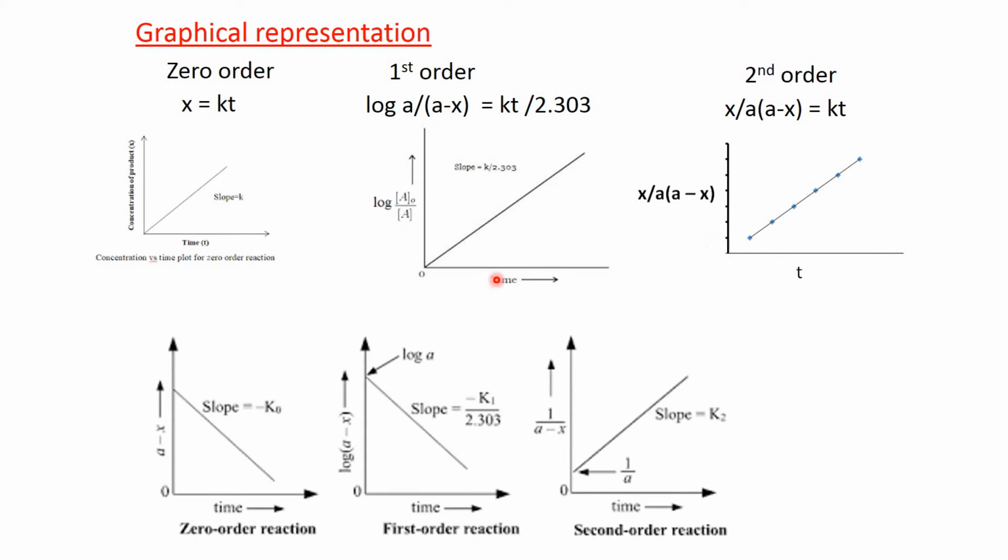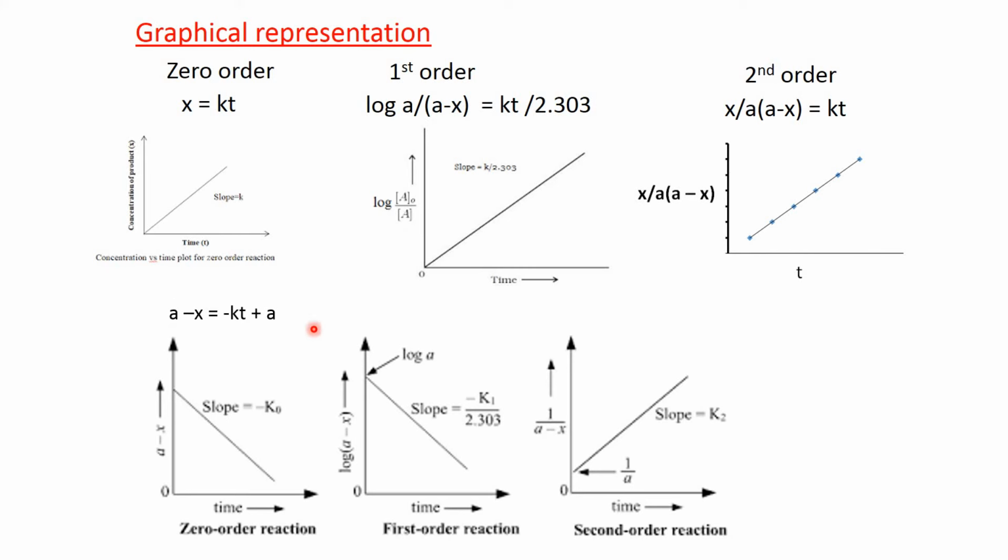Now, this is the zero order reaction, where X is equal to KT. If you rearrange this a little bit, first you take the negative sign and then add A, so it becomes A minus X is equal to A minus KT.